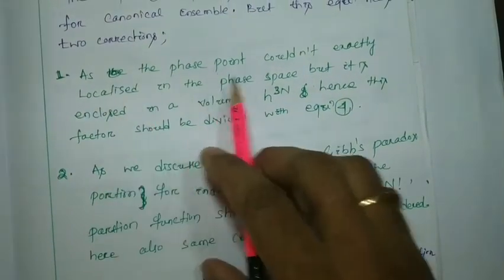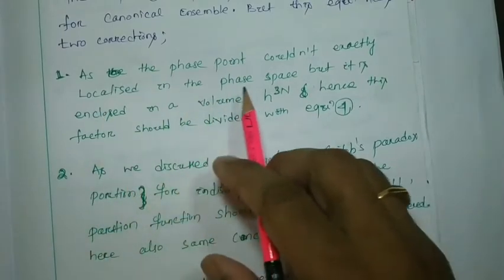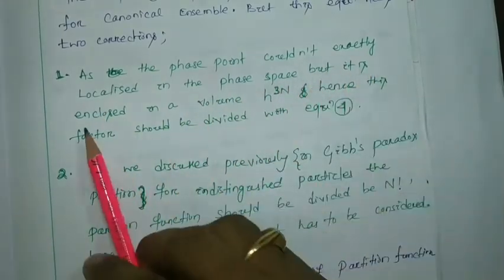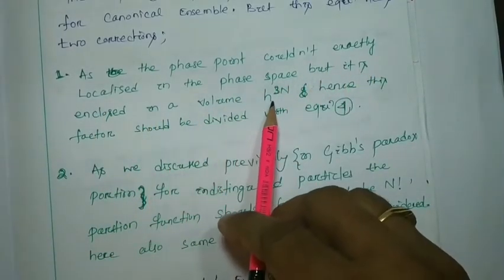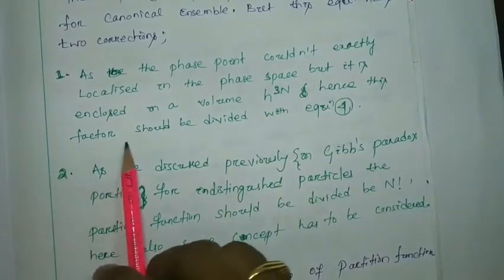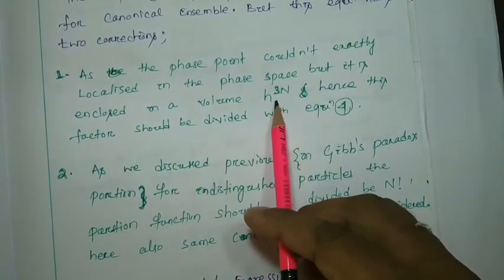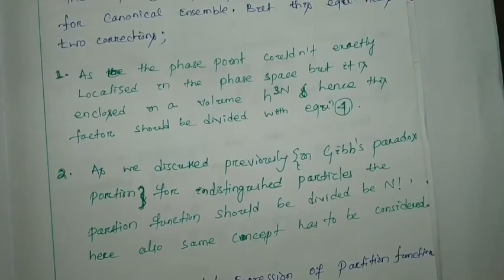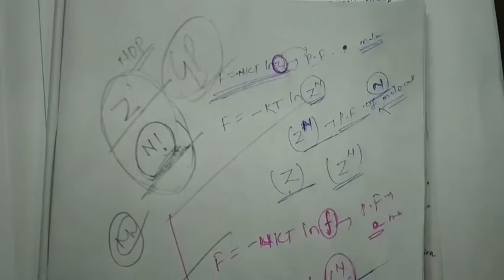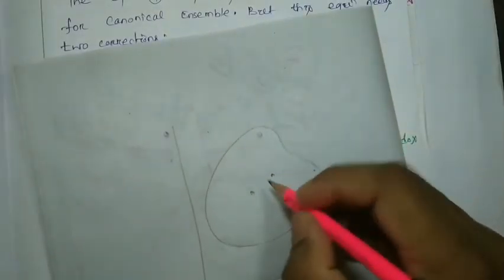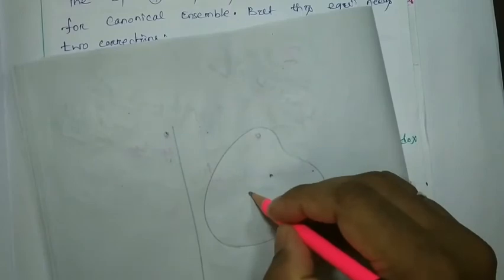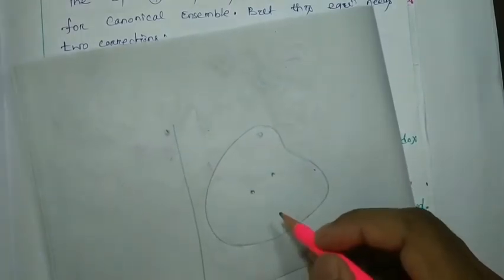So as the phase point could not be exactly localized in the phase space, but is enclosed in a volume h to the power 3n, hence this factor should be divided by h to the power 3n, right? As we have already discussed many times, in the phase space, this is the phase point. Actually we could not define its exact location at a particular time.